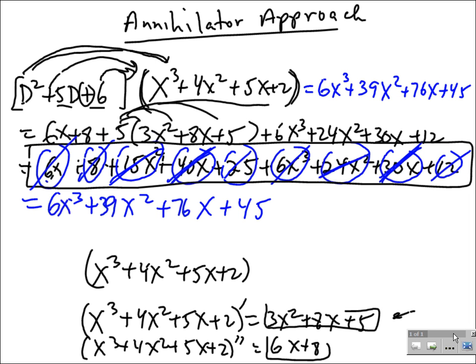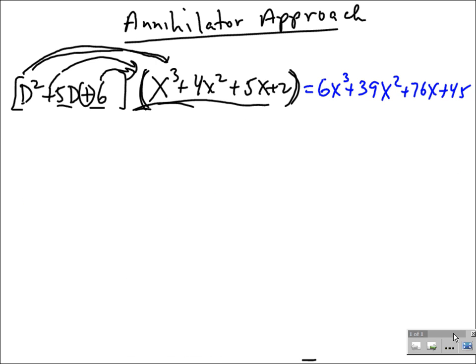Now, we're going to do this problem all over again. We're going to do it slightly differently. So we still have D squared plus 5D plus 6, and that's going to operate on this polynomial.